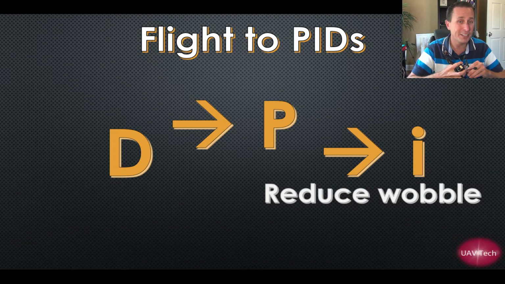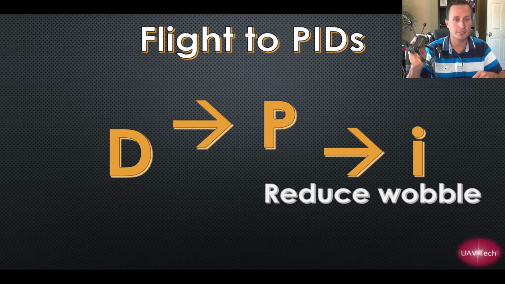And I is pretty high as a default. And sometimes I needs to come down for like a cine lifter, things like that. So these two moves I just showed, where P went up a little bit and I went down a little bit, that's not out of the possibility of things you might need to tweak on your quad. Maybe the default is perfect for you. It really just matters on the moment of inertia, how heavy it is, all kinds of stuff.